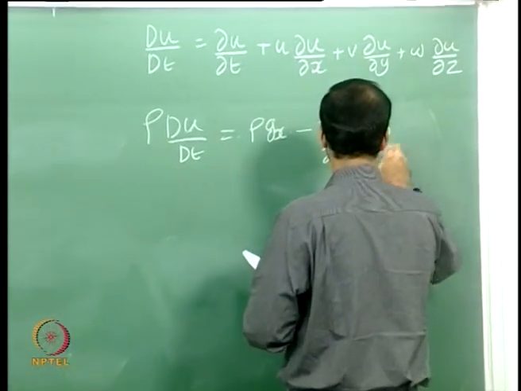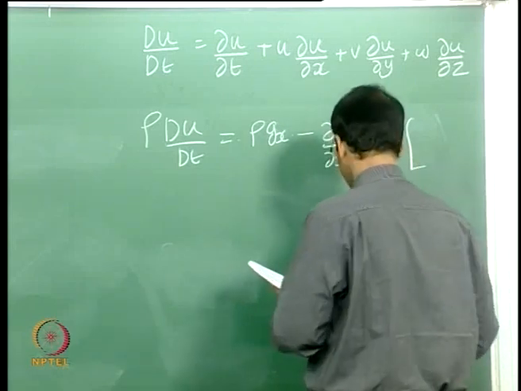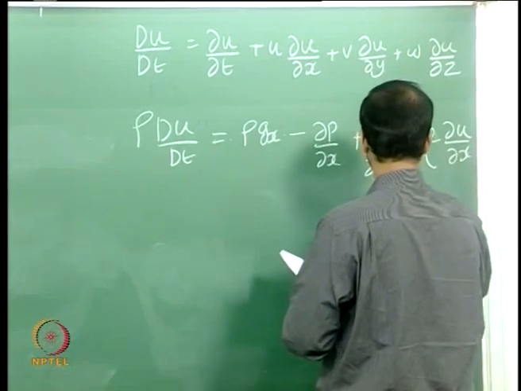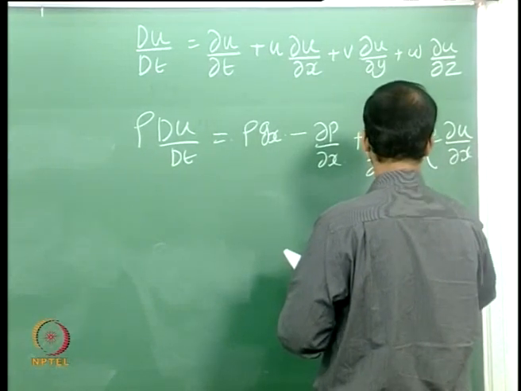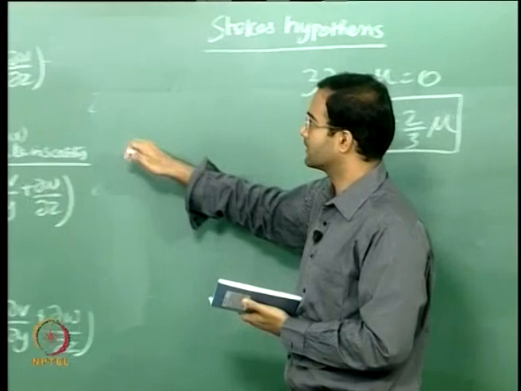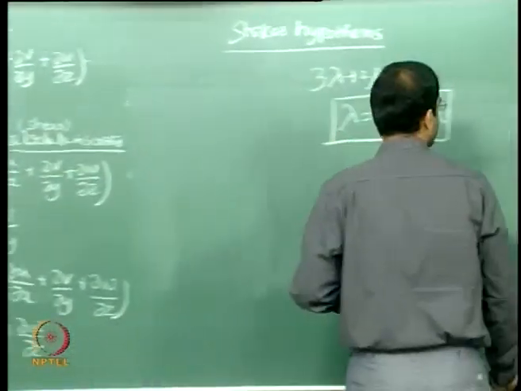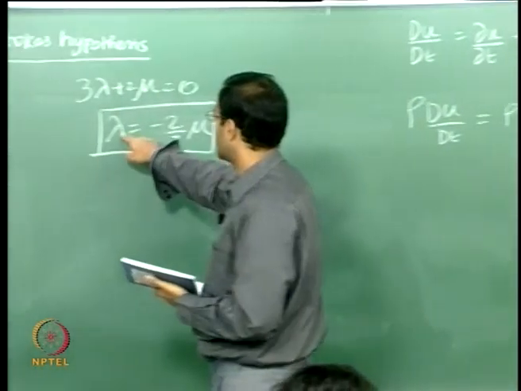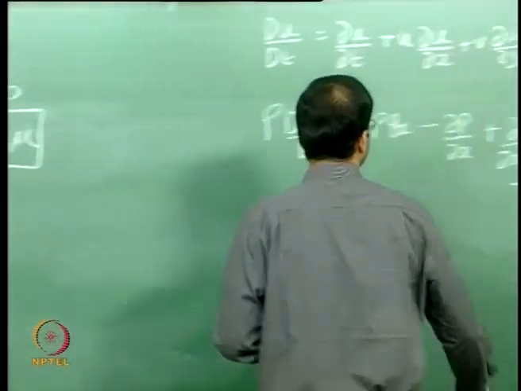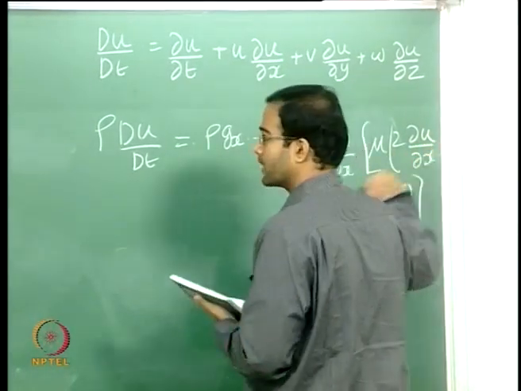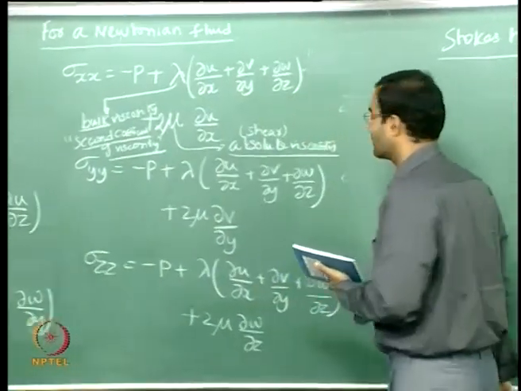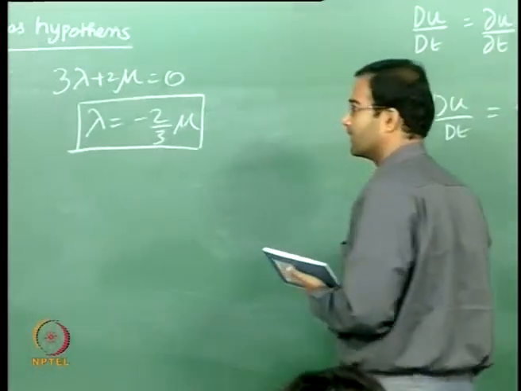So I can say d by dx, nu into 2 du by dx minus 2 by 3 into del dot v, which is the divergence. The divergence is actually given by this term right here. This is the del dot v term, and 2 by 3 comes because your lambda is equal to minus 2 by 3 nu. Apart from that, you also have your 2 nu du by dx, that is essentially coming from this term right here. So I am just grouping the terms under the normal stress.